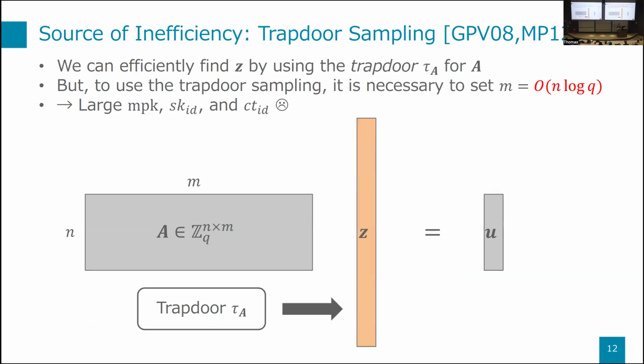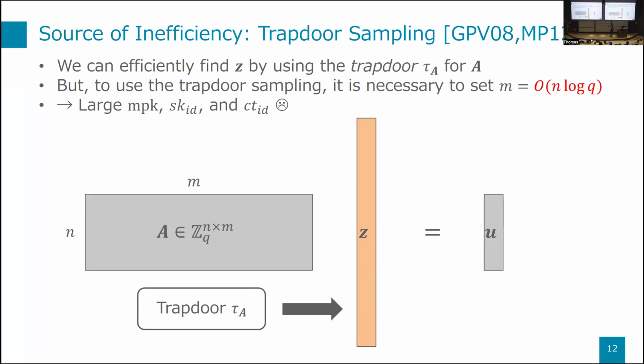So we also consider the efficiency of GPV IBE schemes. That is trapdoor sampling techniques. By using trapdoor sampling, we can efficiently find a short vector g by using the trapdoor, satisfying these equations.